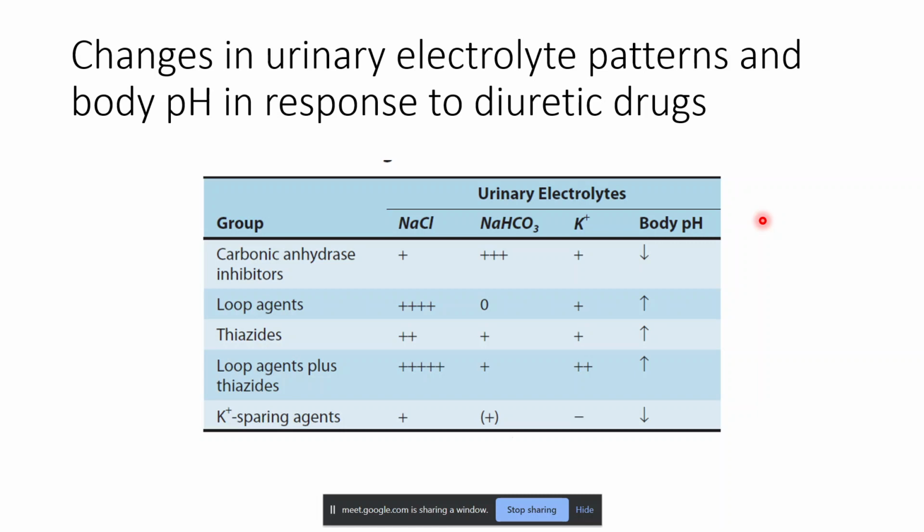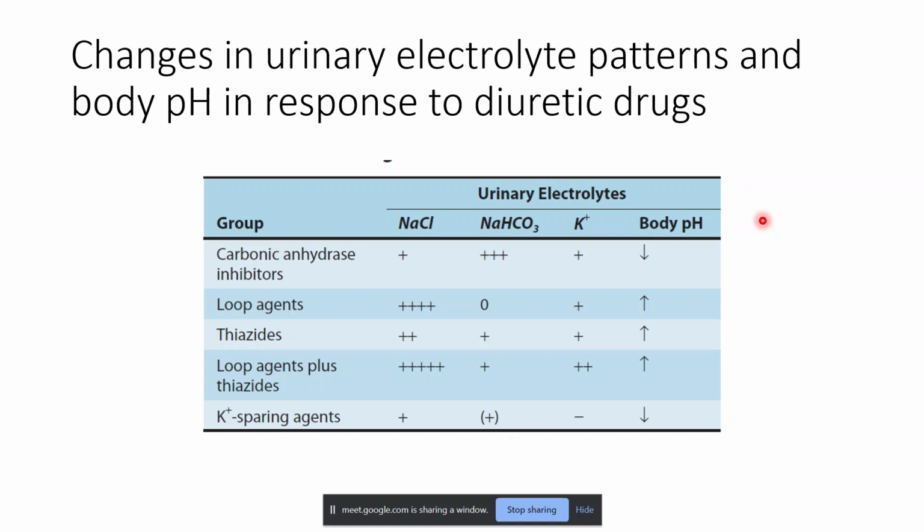But if we use the diuretics for a long time, that will reduce the volume of the blood, and that will actually increase the kidney compensation for that. That is why a recent study suggested that it's not recommended to use long-term diuretic administration. But we will get to that later.